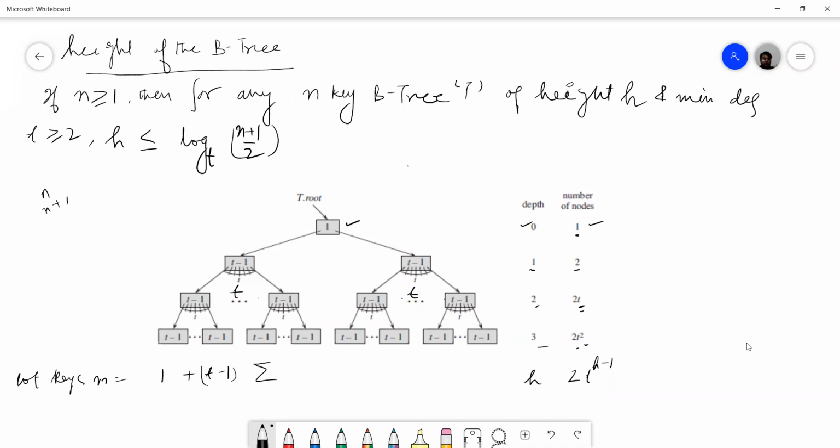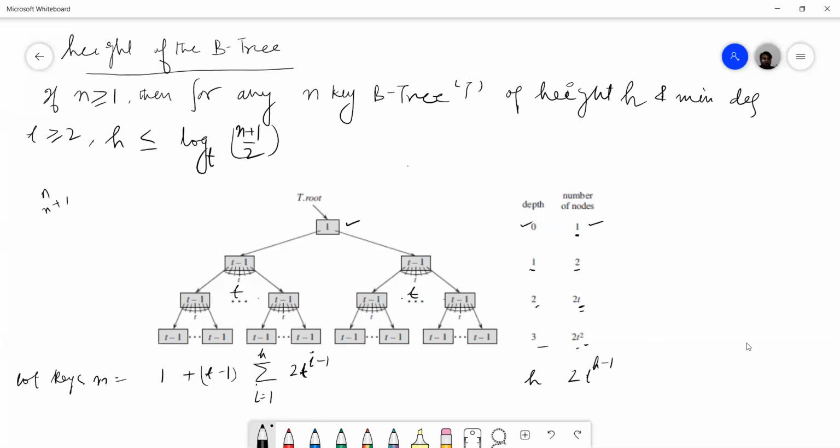And how many nodes are there? We are starting from i equal to 1 and going to h. We have 2t^(i-1) nodes.